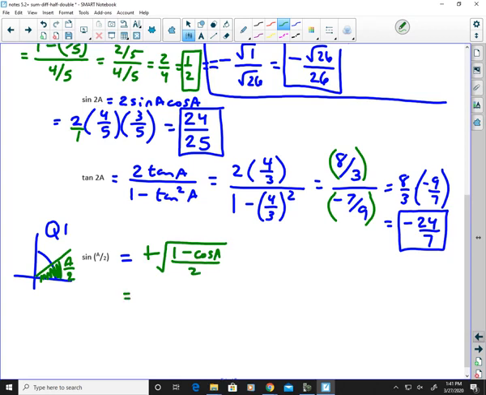So positive, I don't really need to write plus, oh, that's supposed to be a minus sign. Minus 3/5, that's over 2. I don't like the way my square root is too short. I'm going to bring it down. Bring yours down. Make sure your notation looks good.